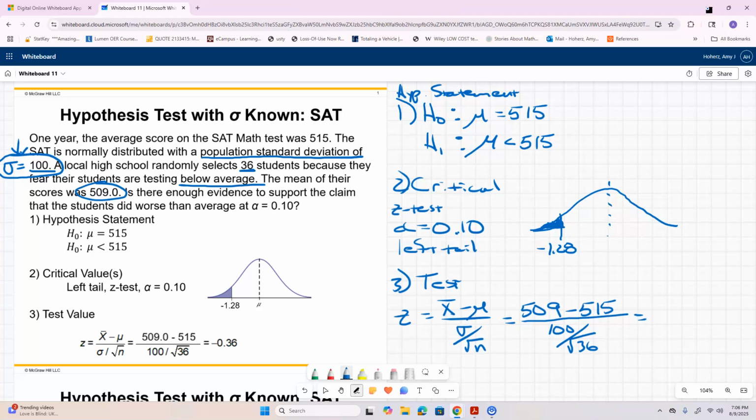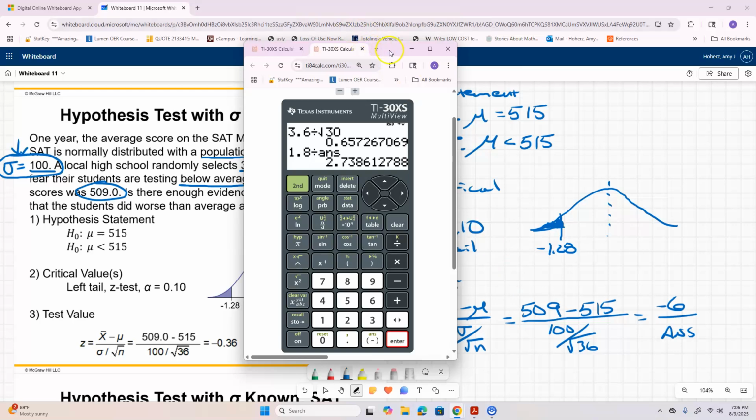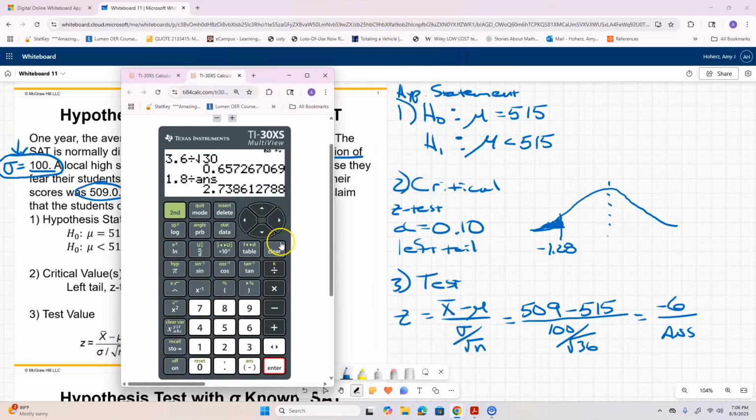Again, I'm going to do the top because it's usually pretty easy to compute. That's a negative 6. And then I'm going to divide that by whatever answer I get for the other part, the 100 over the square root of 36.